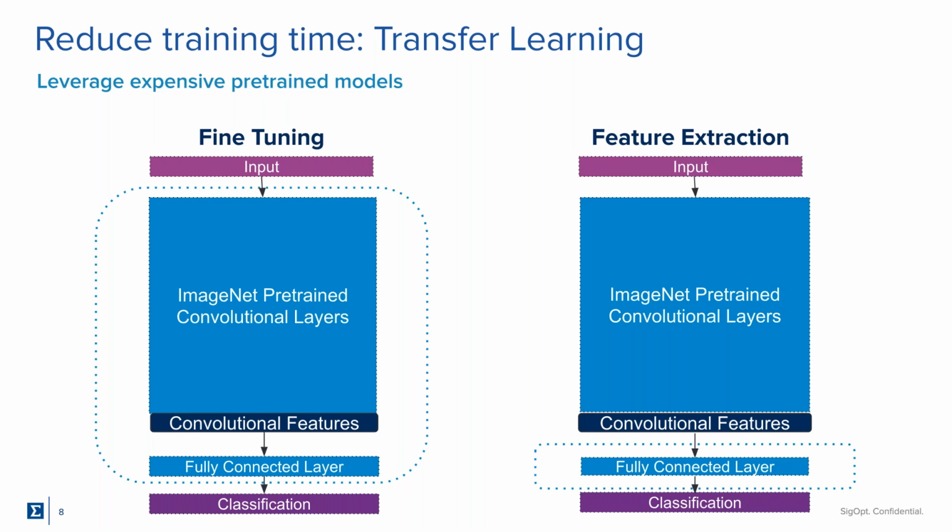In both cases, we'll be using a pre-trained ResNet model on ImageNet 1000 to initialize our model weights. In fine-tuning, we will tune the whole model, including the convolutions and the fully connected layer from the starting point of our pre-trained weights. And in feature extraction, we'll use the pre-trained weights to transform our input data into key features, and we'll only tune the final fully connected layer.